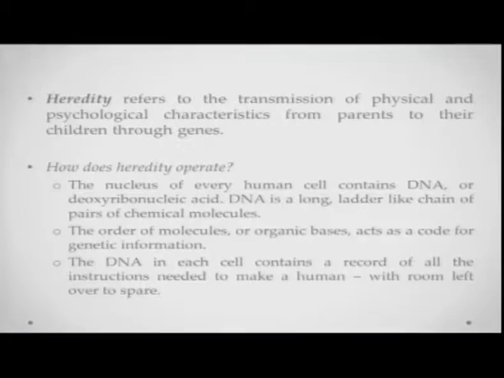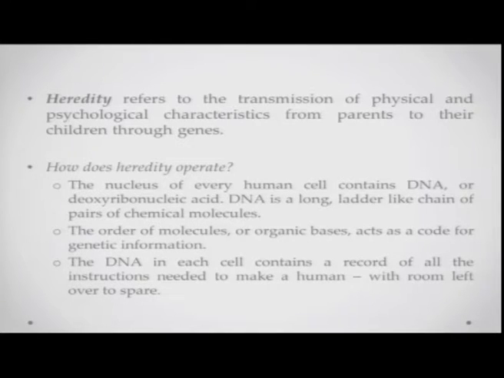If you are generally a happy person, or generally an angry kind of person, a lot of times you will see people making these kind of comparisons: my son has a temper which resembles my temper. So, heredity includes both physical and psychological characteristics, and this happens through genes. Let me elaborate what genes are.